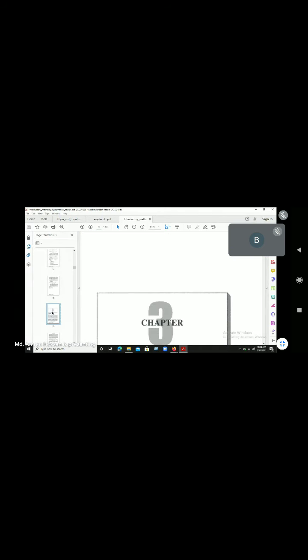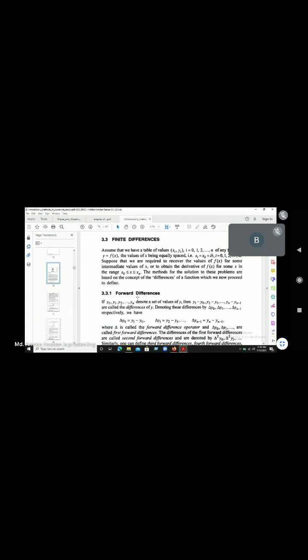Chapter 3, Interpolation. These first two methods we will discuss here.